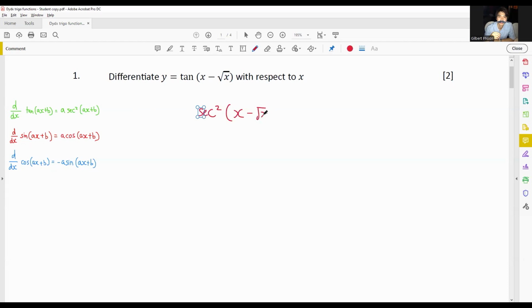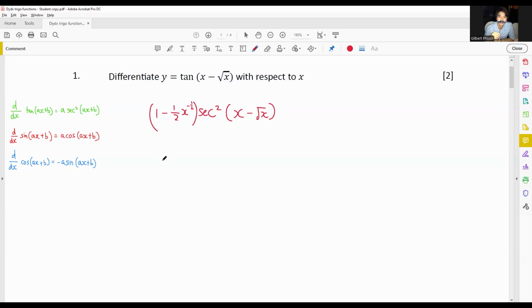You just repeat and write it back down. Now, for whatever is inside the bracket, we need to differentiate them first. Differentiate x, you will get 1. Differentiate square root of x, you would have gotten 1 over 2 x to the power of negative half.